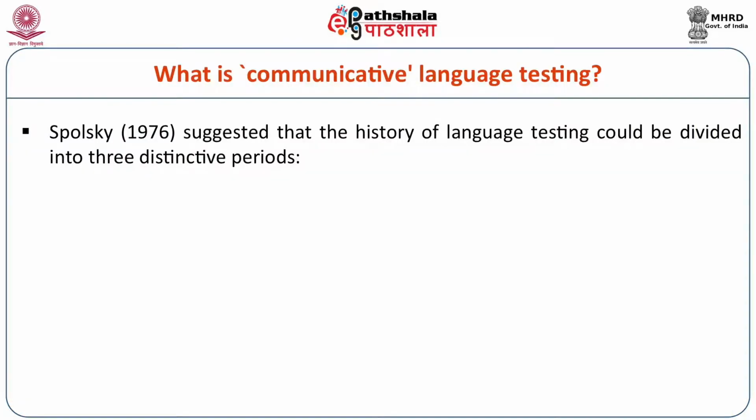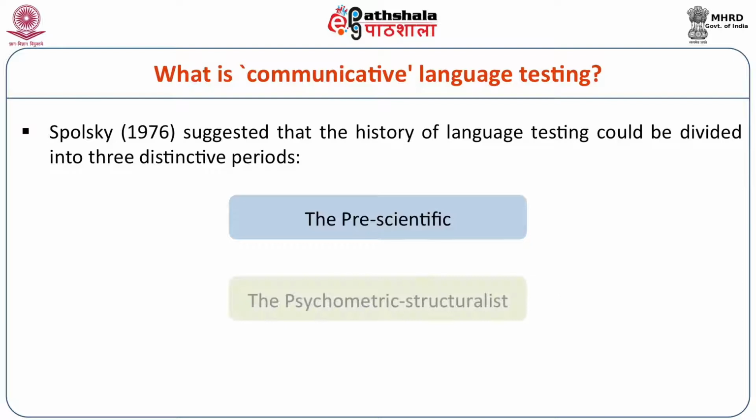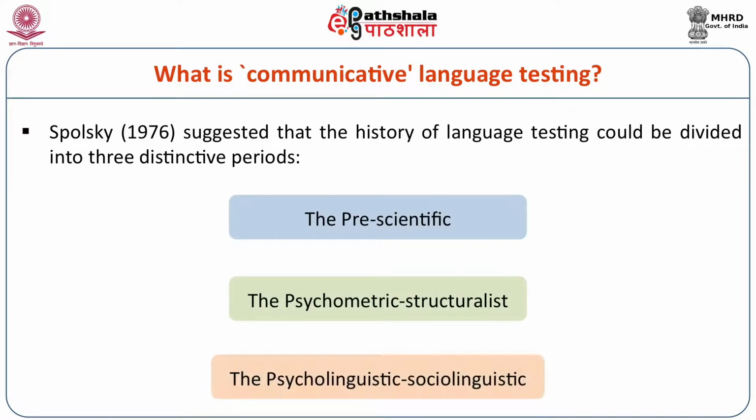As described by Spolsky, the history of language testing could be divided into three distinctive periods: the pre-scientific period, the psychometric structuralist period, and the psycholinguistic sociolinguistic period.